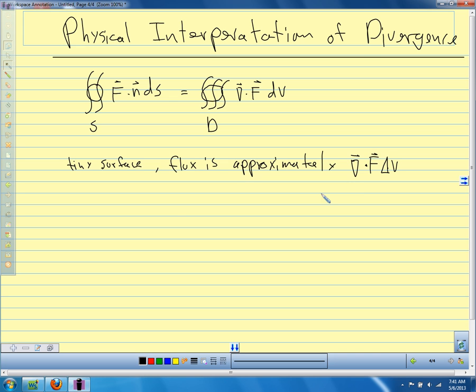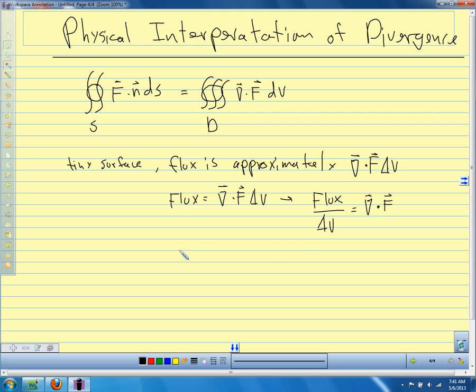So we could say the flux equals del dot F delta V. I'm going to just divide both sides by delta V. So flux over delta V is del dot F. And then if we let delta V become very, very small, our tiny closed surface gets smaller and smaller, we take the limit as delta V gets very small.